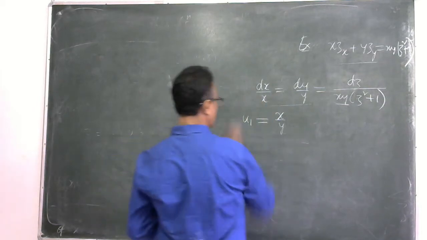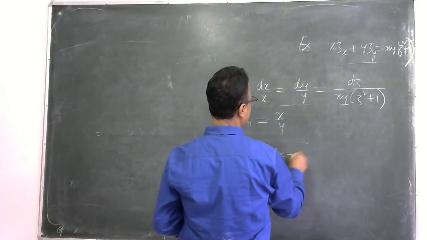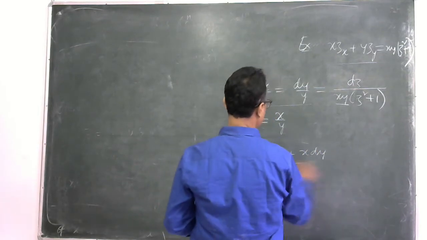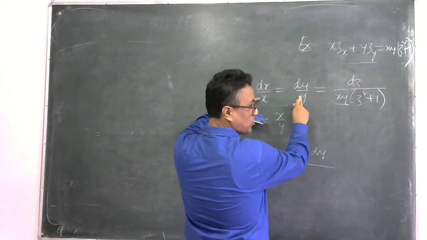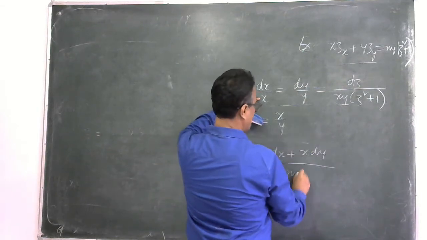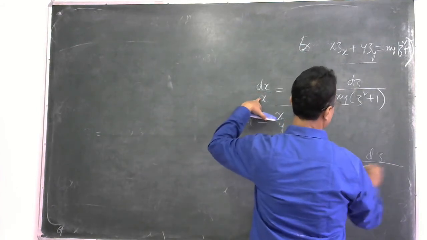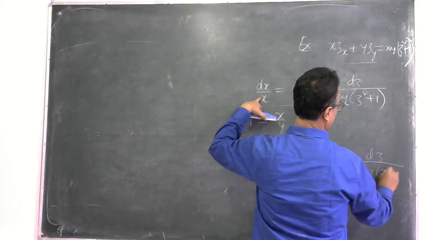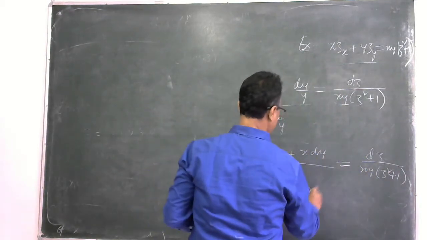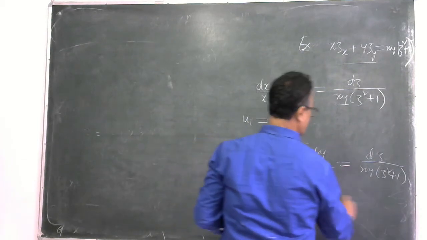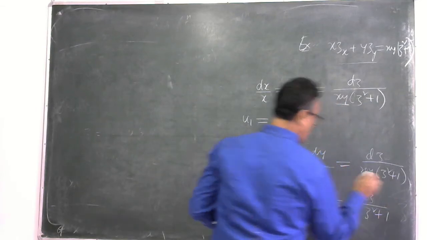Fine? So if I do y dx plus x dy, obviously xy, so 2xy, that is going to give me dz xy z square plus 1. So this implies d of xy by 2 is equal to dz by z square plus 1.